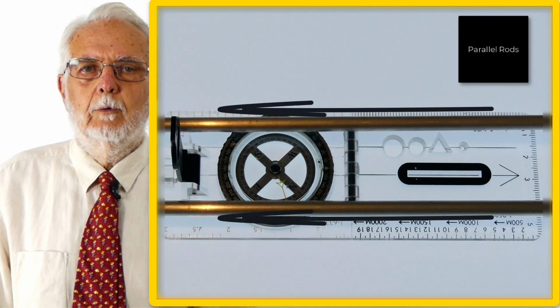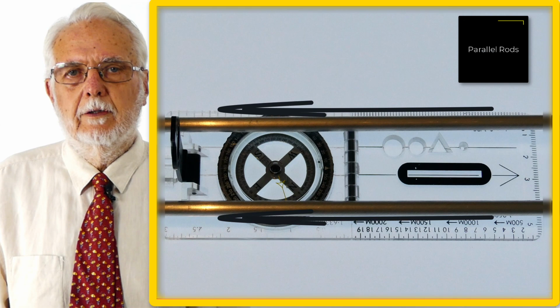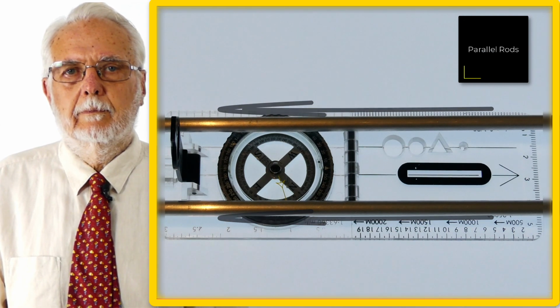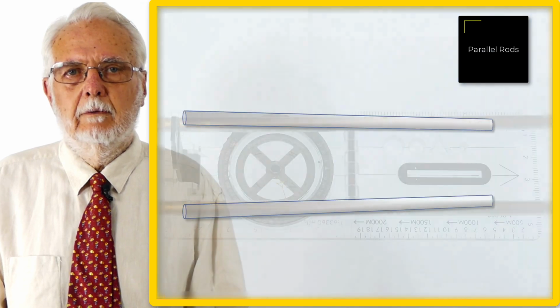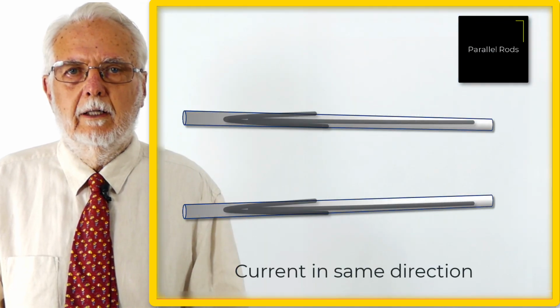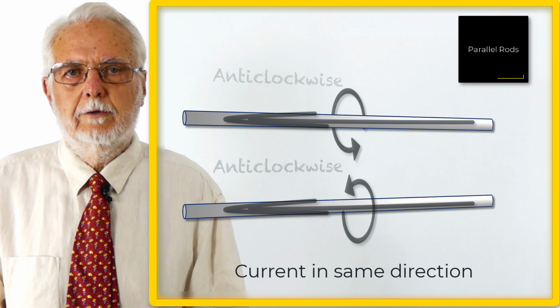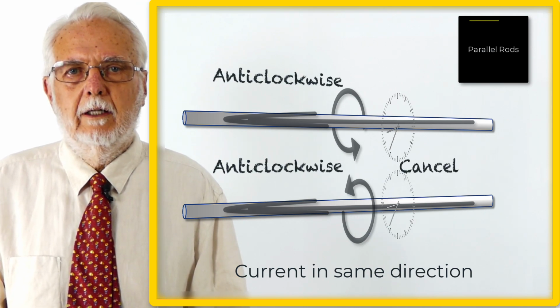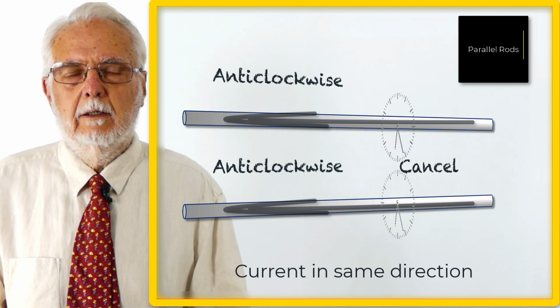For 2 parallel rods with a current flowing in the same direction, the compass is not deflected. In this example, both currents produce a magnetic field in the anti-clockwise direction. This cancels the magnetic field strength halfway between the rods.